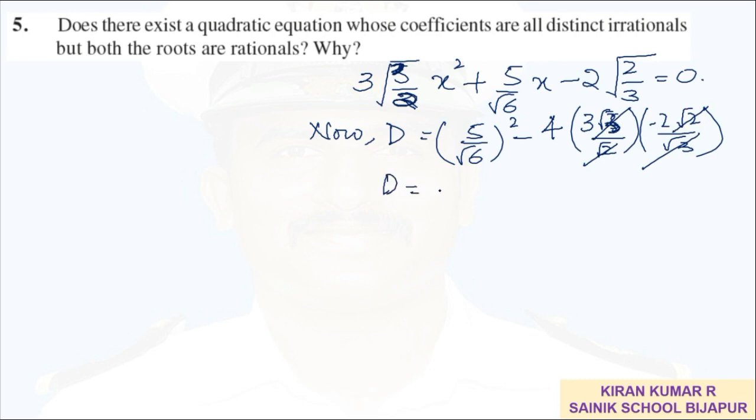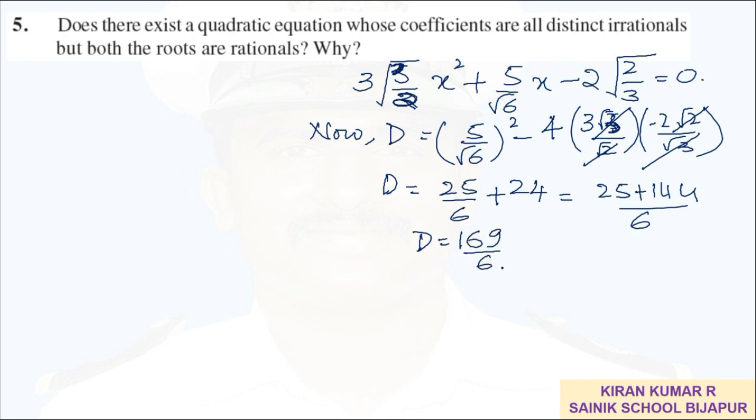D will become 25 by root 6 square, which is 6, plus, because minus of minus is plus, 8 3s are 24. We'll get it as 25 plus 144 by 6 by taking LCM. So the value of D obtained is 169 by 6.